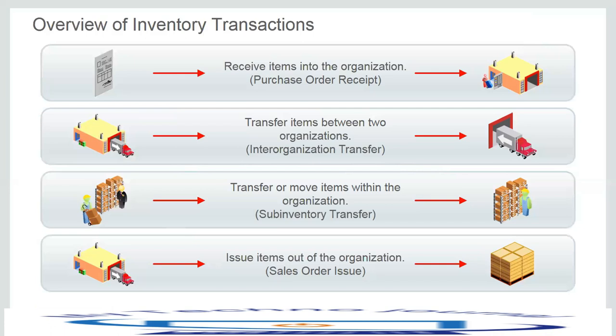The third is moving items within the organization, between 2 sub-inventories, which is called a sub-inventory transfer. And if you are issuing items out of the organization, it is a sales order issue.